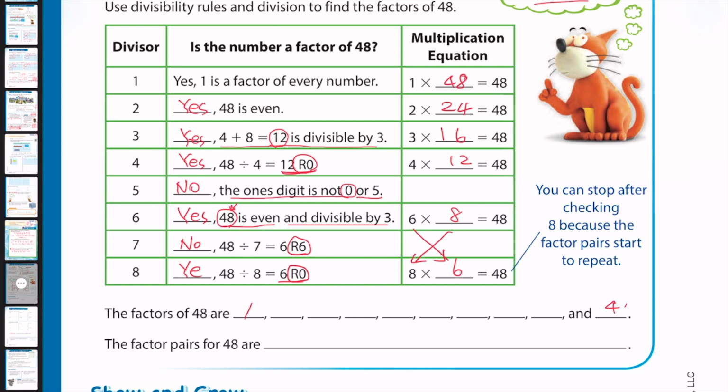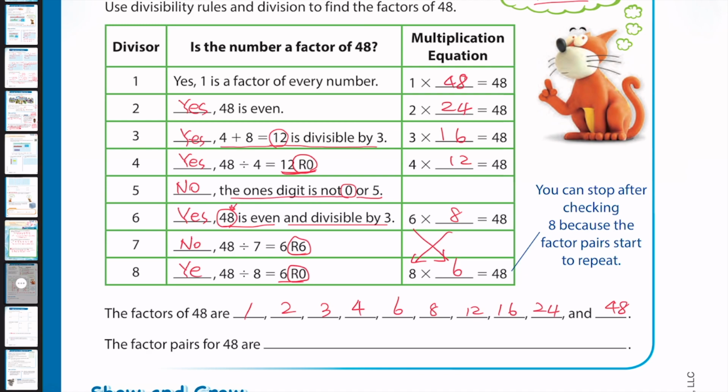All right, so the factors of 48 are what? 1 and 48. You can always put the big number at the end. And then 2 and 24, 3 and 16, 4 and 12, and 6 and 8.